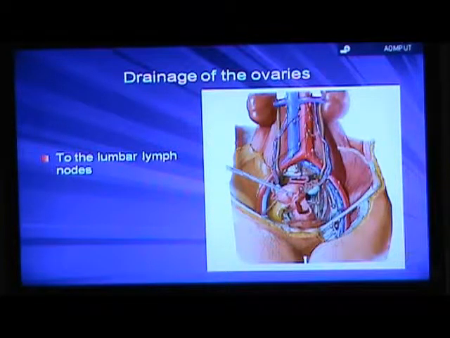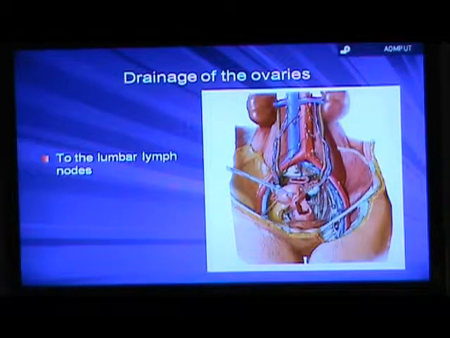So look, if we imagine, for example, a cancer of the ovary, very quickly the metastases are present in the lumbar lymph nodes. So it's a very fast killer for women, and it's very difficult to treat, because where the lymph nodes are affected, it's generally difficult to treat.